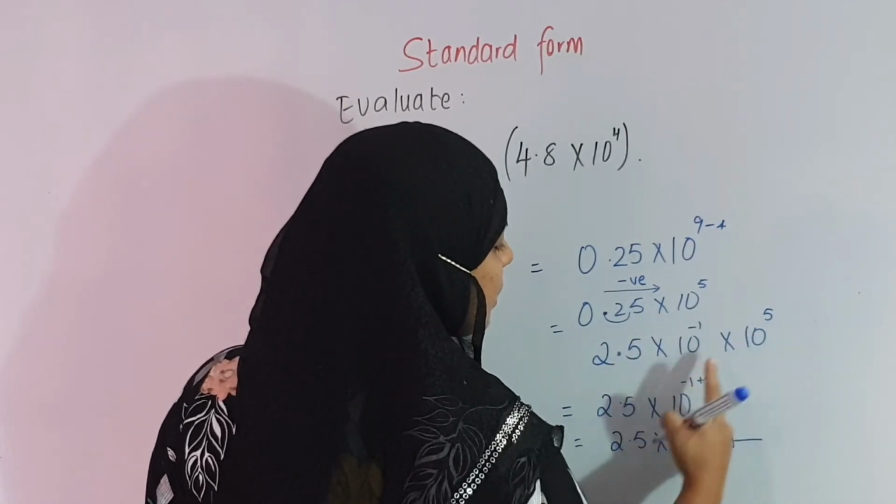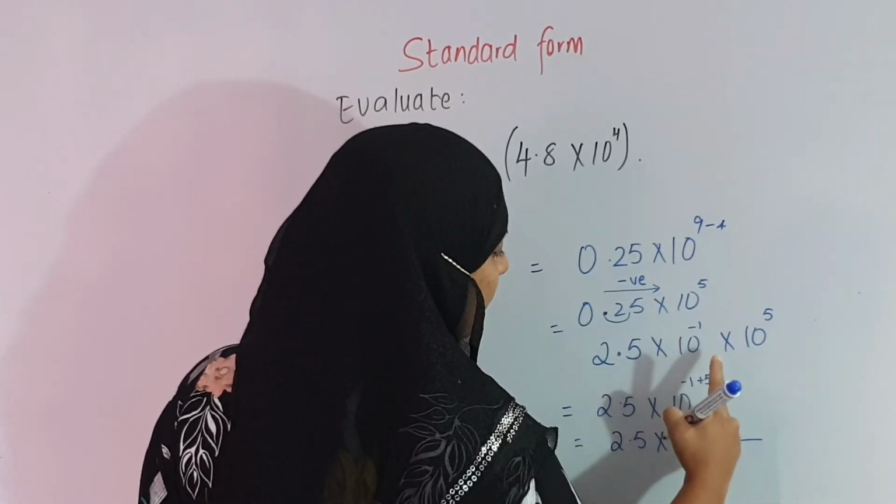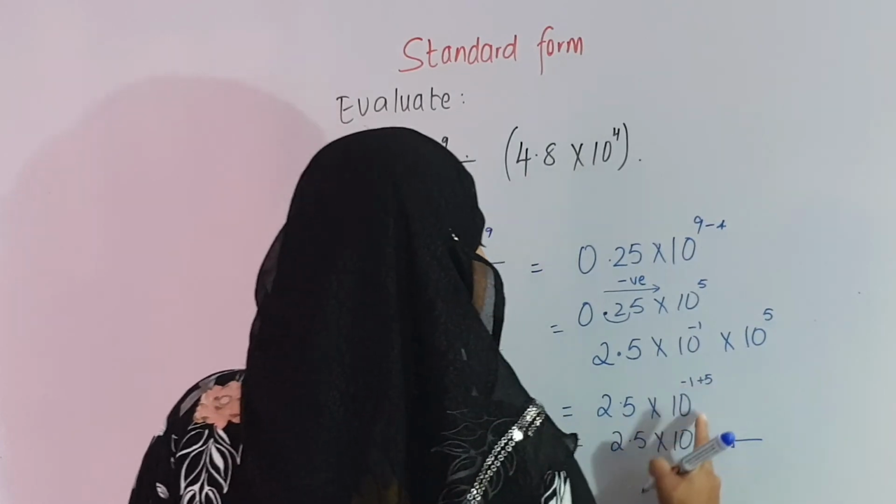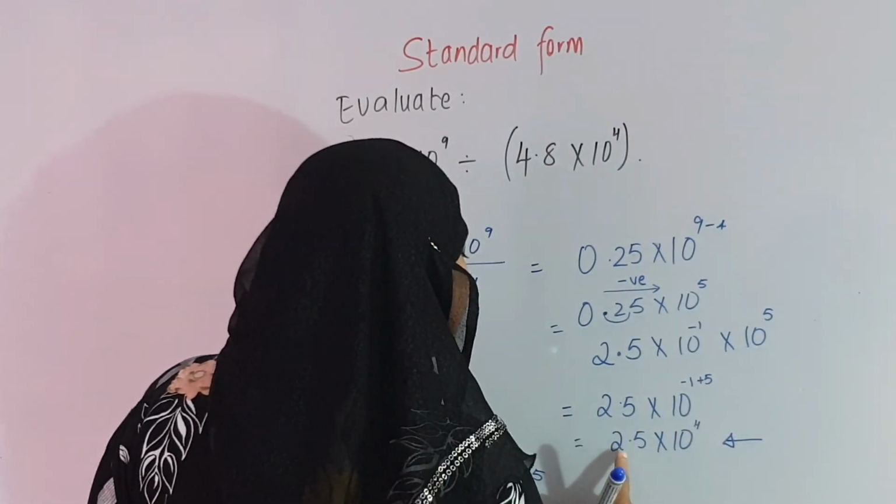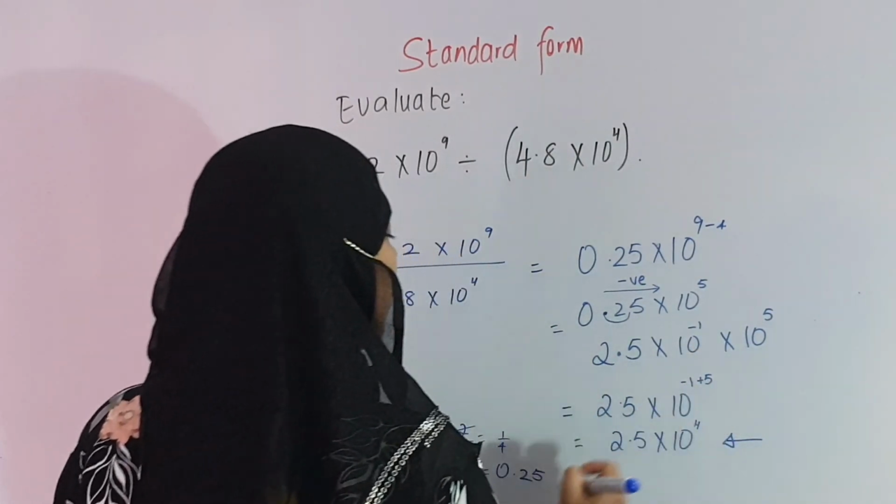We add powers: 10 to the power of minus 1 plus 5. Minus 1 plus 5 gives us 4. So the answer is 2.5 times 10 to the power of 4.